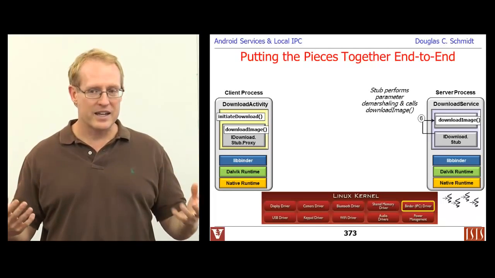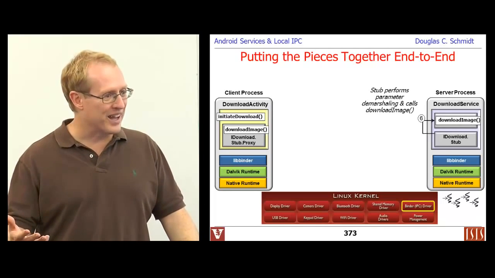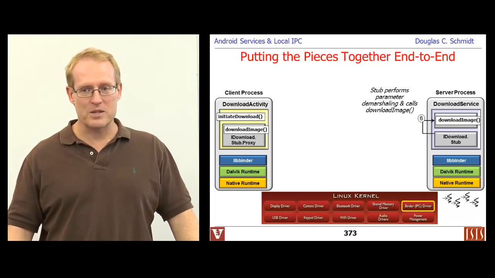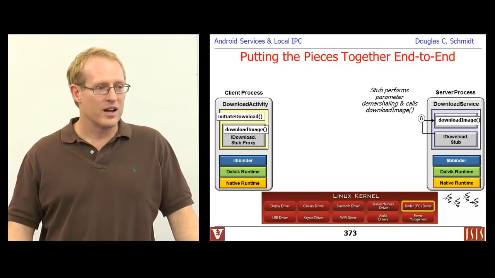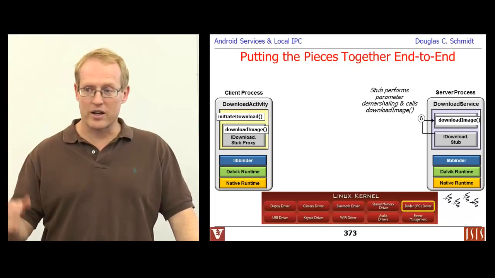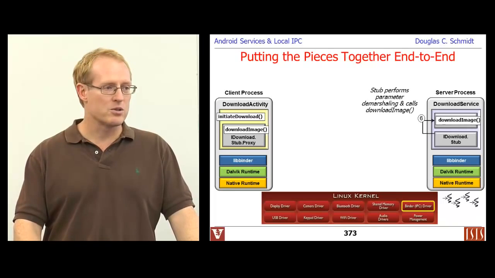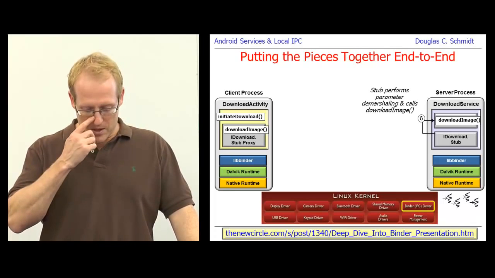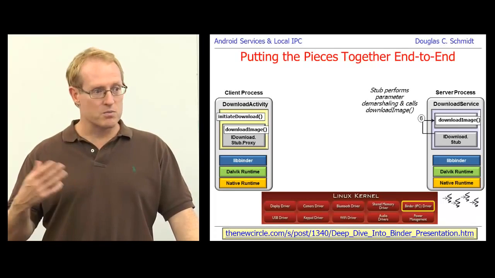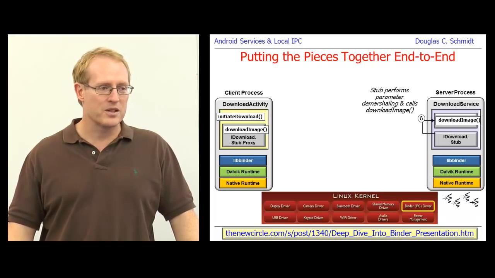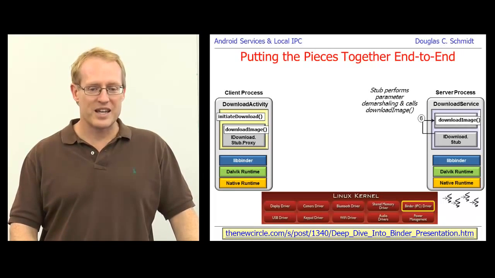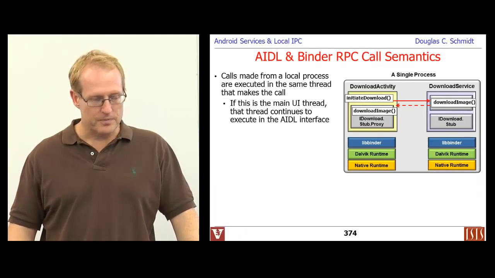Android's AIDL and binder RPC does not work that way, but the various RPC mechanisms you might use, say, web services or other types of middleware built on top of the underlying mechanisms, you can use those to talk from an Android device to something else using a remote procedure call as well. There's a very nice article here that gives more information about binders and shows lots of examples and more code you can look at to see how all the various pieces fit together.